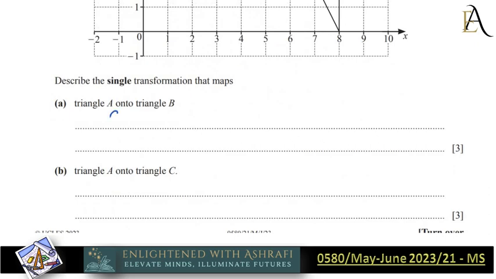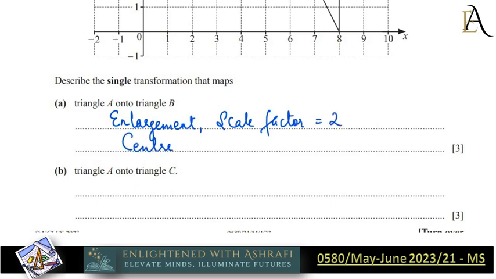So here we get an enlargement with a scale factor 2 and center 0, 7.